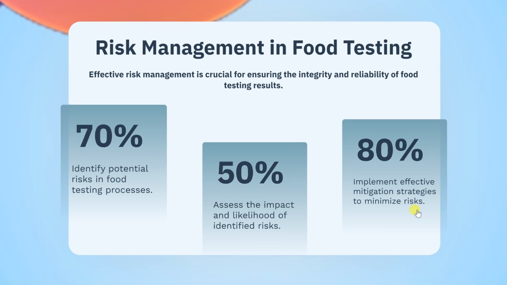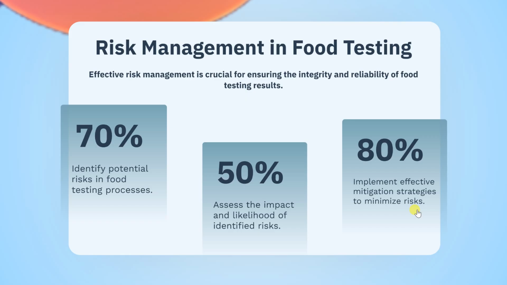Now, what are some of the risks in management of food testing laboratories? Effective risk management is crucial for ensuring the integrity and reliability of food testing results. Now, 70% of this risk in management of food testing laboratories, where do they come from?